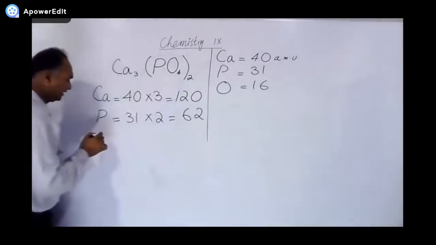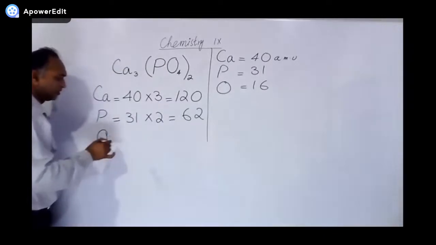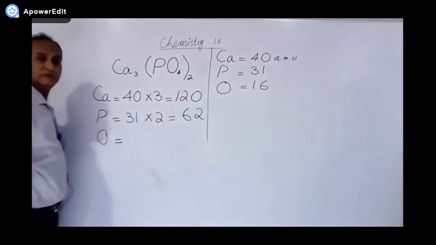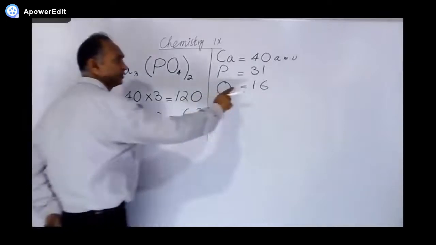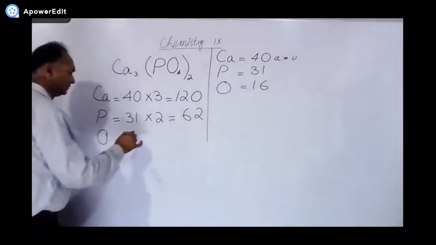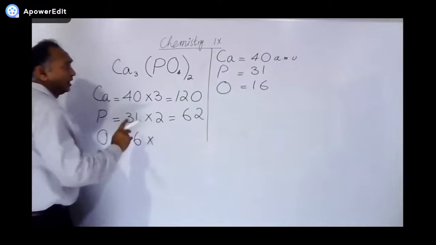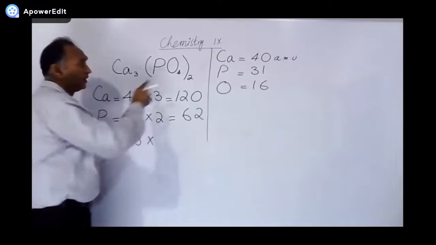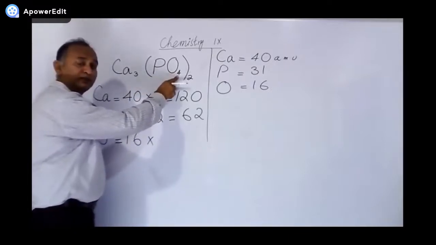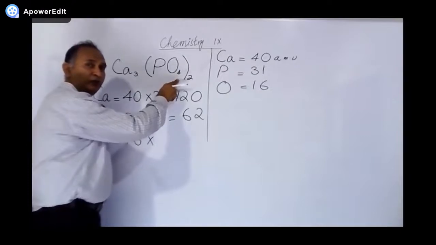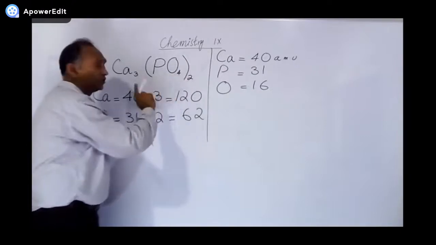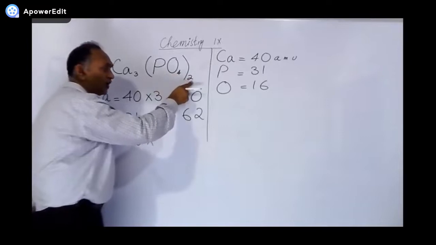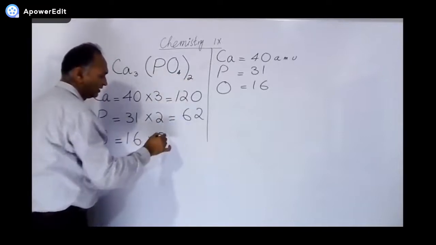Right? Next is oxygen. Mass of single oxygen is 16. How many oxygens? Again, we have a subscript 4. We should multiply by this 2. So what should I write here? 4 twos are 8.